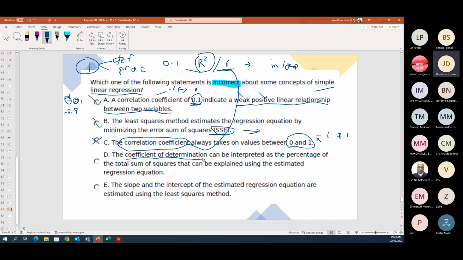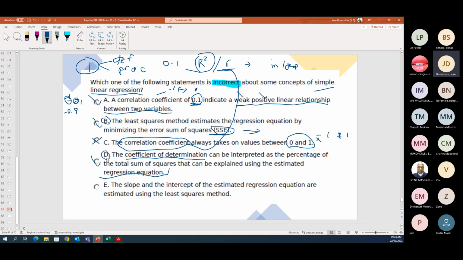The coefficient of determination can be interpreted as the percentage of the total sum of squares that can be explained using the estimated regression equation. Correct. Again, please don't try to merely understand this, like in B. It is part of the definitions.